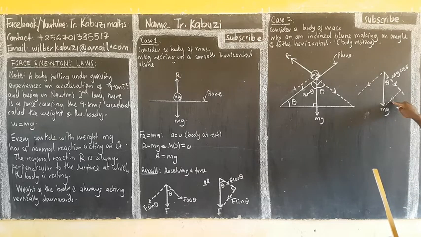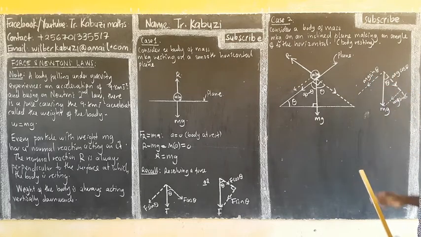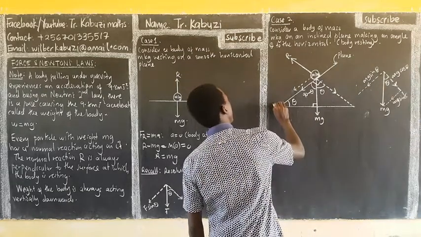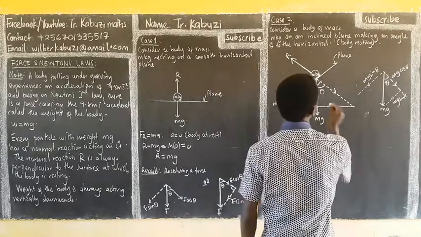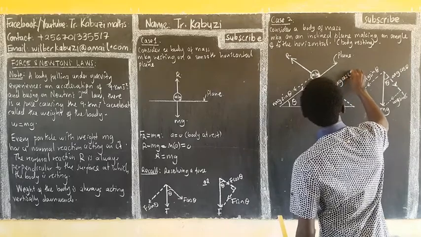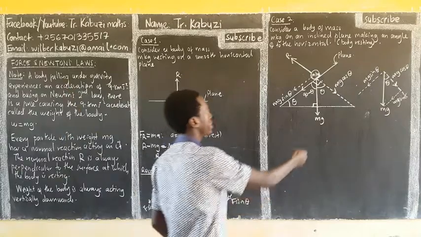Then this one is opposite, so it's going to be mg sine theta. Remember this is parallel to this, so this one is also going to be mg sine theta. And so there we have resolved that component. So this one is going to be mg sine theta, and this one is going to be mg cos theta. And so we have resolved that force here.